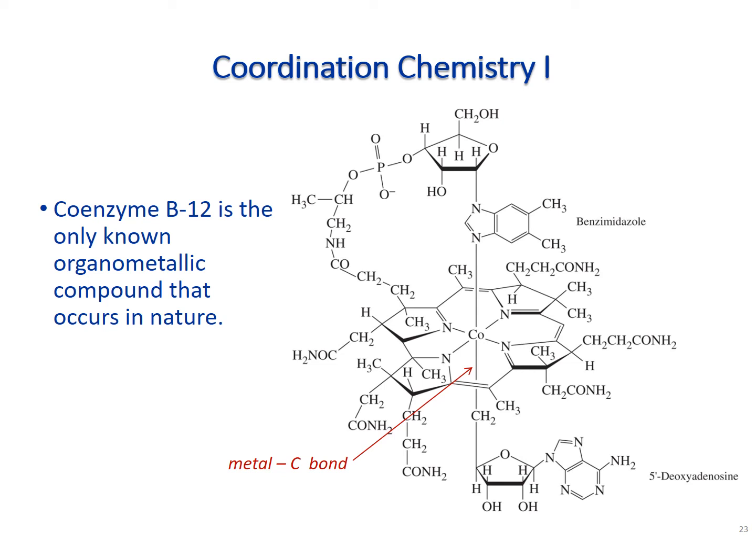So here you have a metal carbon bond, and that's that cobalt to that carbon of that CH2 that you can see in coenzyme B12. There are many synthetic organometallic compounds, and it's a whole area of inorganic chemistry. But in terms of nature utilizing organometallic compounds, it is not a very common occurrence.